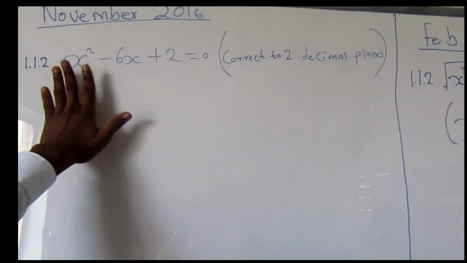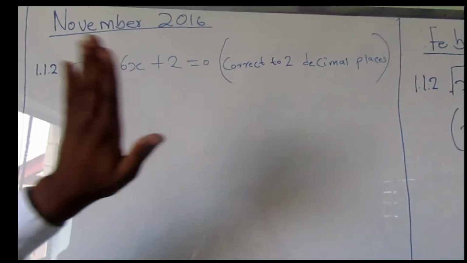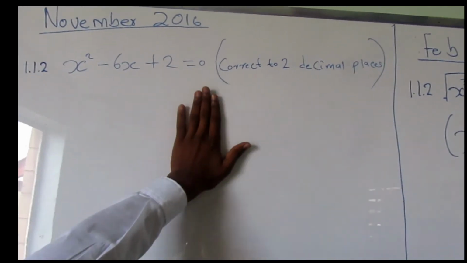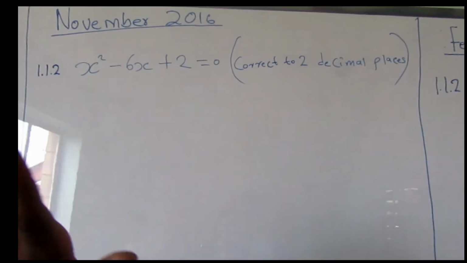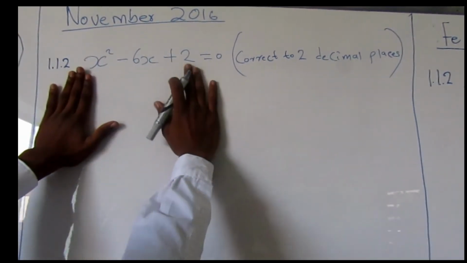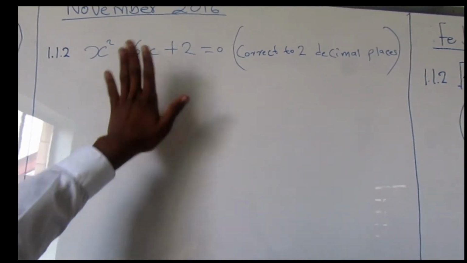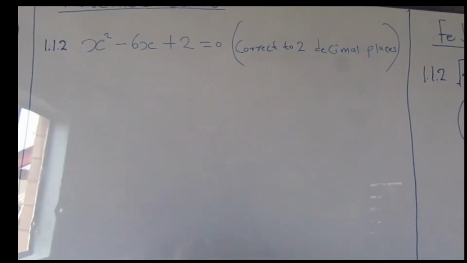The factors of x squared are 1 and 1, that is x and x. The factors of 2 are 2 times 1, we only have 2 times 1, of which these factors of x squared and 2 can't give us 6x. So our best solution is to use the quadratic formula.